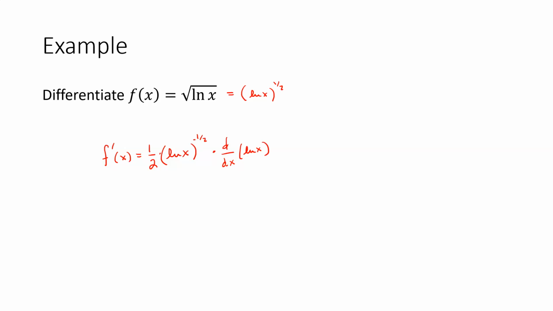Right there again, we're applying the chain rule. And of course, the derivative of ln x would be 1 over x. So let me rewrite this first part as 1 over 2 times the square root of ln x times the derivative of ln x, which is 1 over x. Or maybe a nicer way to write this is 2x square root of ln x in the bottom.